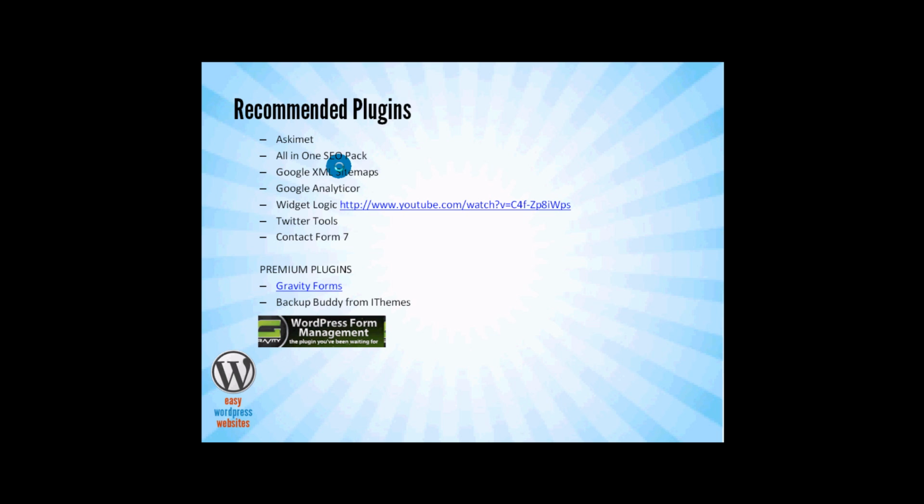The one after that is called Google Analytics, and this is a plugin that allows you to very simply add your Google Analytics code to your website without having to get in and modify any code on your website. Like the actual instructions for Google Analytics tell you to copy some code and paste it into the header or the footer of your website.